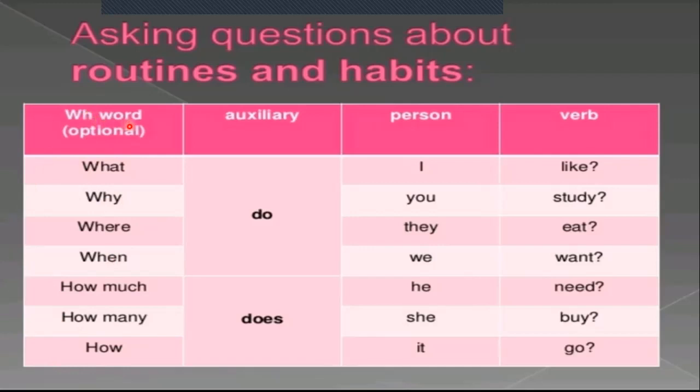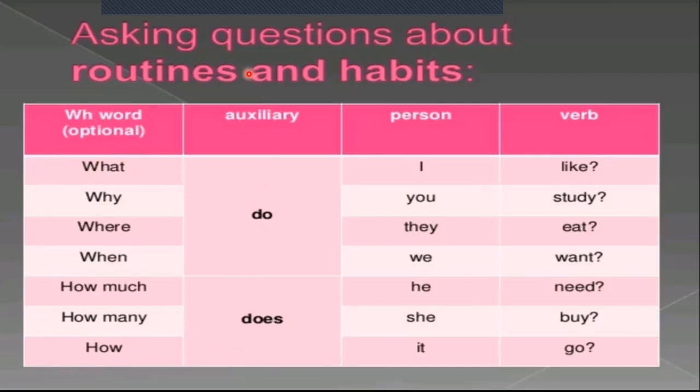Plus auxiliary verb. Auxiliary verb in the present simple tense: do and does. Do you remember, my students? In the present simple tense, we make negative sentences by using don't and doesn't.